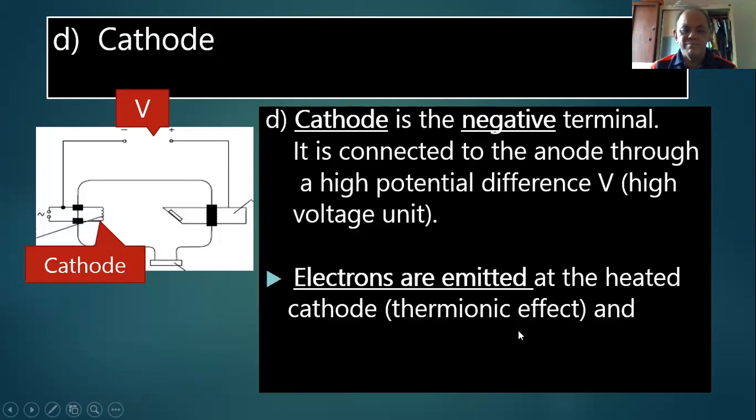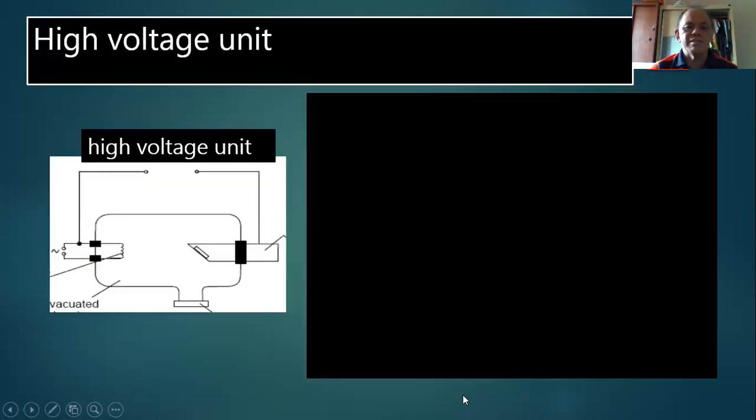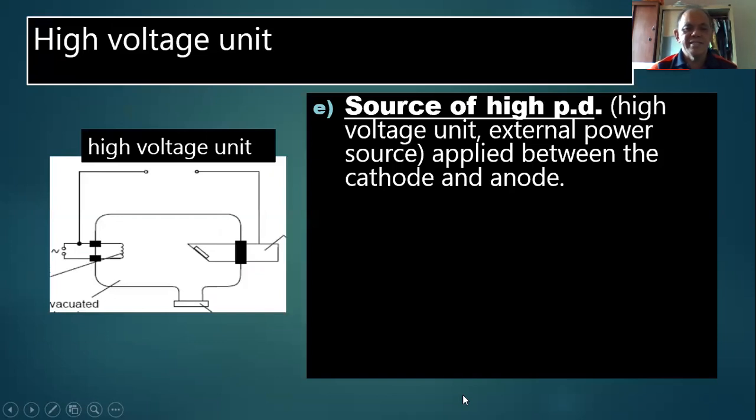Electrons are emitted by the heating of the cathode by this low power supply, and the emitted electrons are accelerated to the anode. That's the purpose of the high voltage unit, to accelerate, and it's very dangerous.